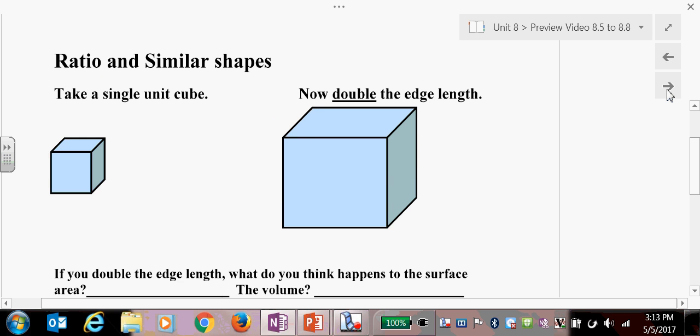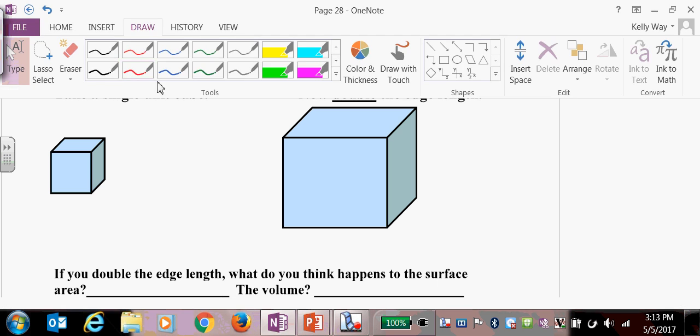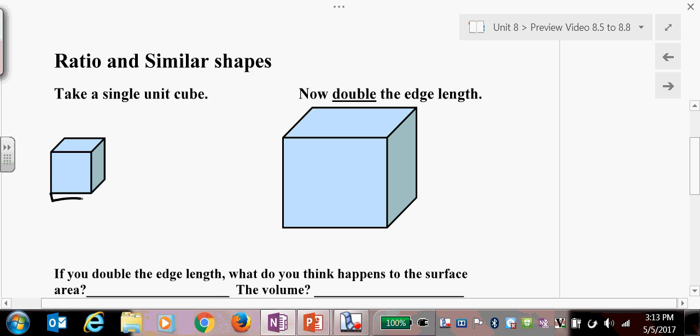Let's see how this works practically. Let's take a single unit cube. So it's 1 unit going this way, 1 unit going this way, and 1 unit going this way. And now we're going to double the edge length. So we're going to take that edge and just double it.